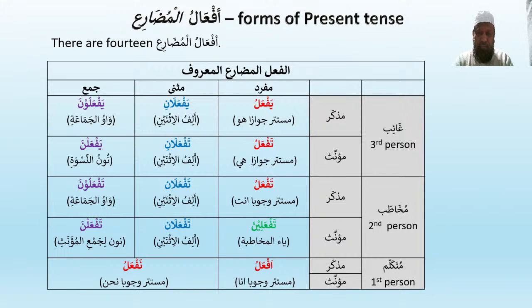So as we know, for the first 5 sighas, the red colors, يفعل تفعل تفعل أفعل نفعل, their fa'il is always mustatir. Now 2 of them, yaf'alu and taf'alu, have the damir mustatir jawazan.